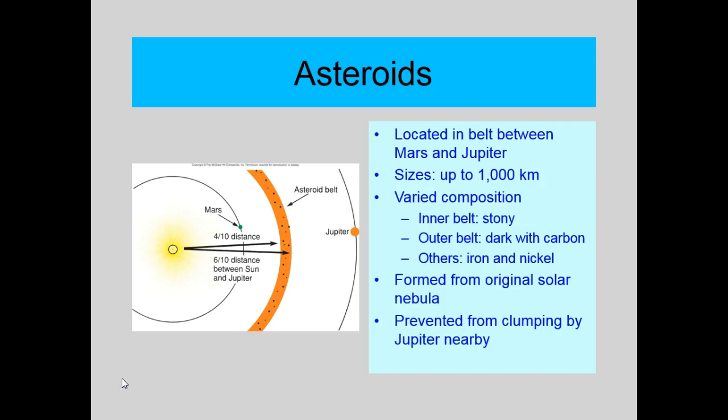So that would be right around 2.5. But the inner part of that, maybe around 2.4, somewhere in there, would be the inner part where the stony asteroids would be. The outer part, the dark carbon part, would be about 2.6 or so astronomical units out there. Okay?